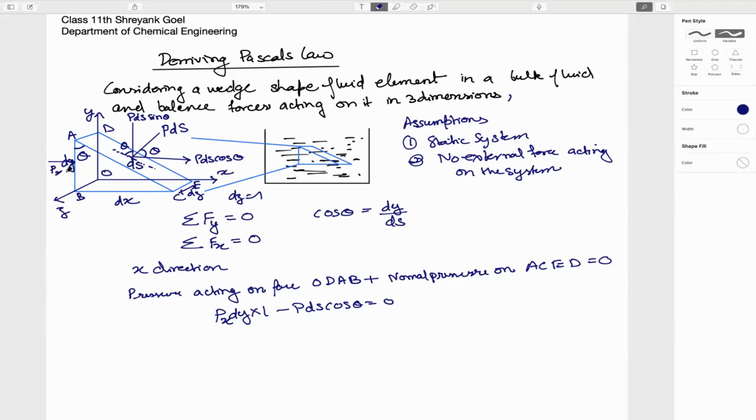In this direction it's px, in this direction it's py, which is balanced out with this arbitrary pressure. So p ds cos theta, and ds cos theta is dy. So px dy into 1 minus p dy is equal to 0. So px should be equal to p.